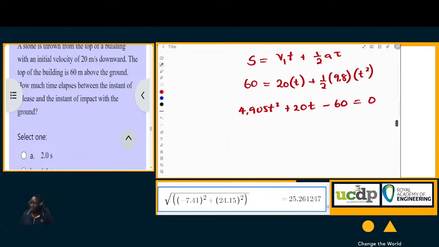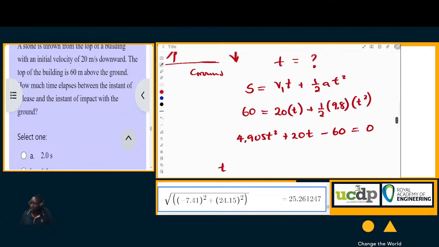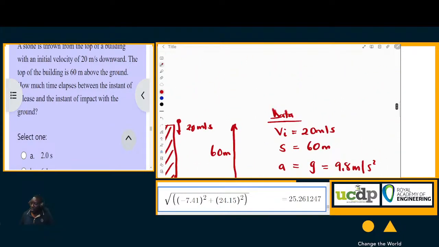This is our quadratic. And that means t, from your quadratic formula, what does the quadratic formula say? Quadratic formula, x equals to minus... I'm forgetting that formula. Is it minus b plus or minus the square root of b squared minus 4ac, everything over 2a?